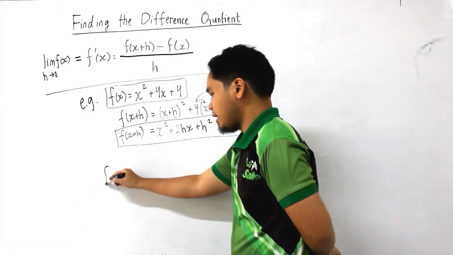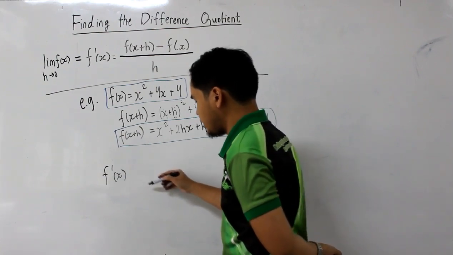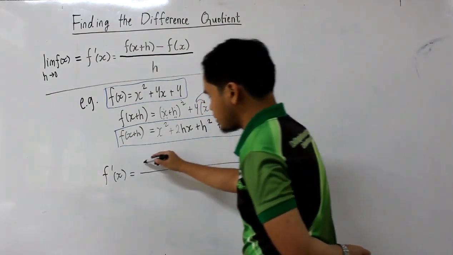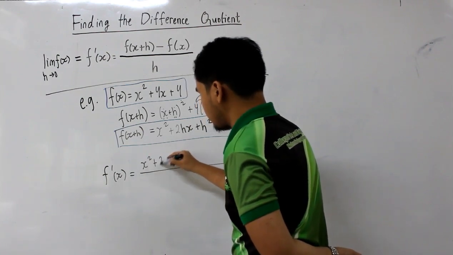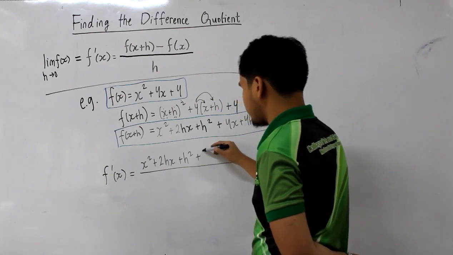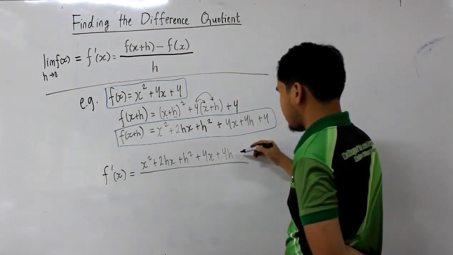It has f prime of x equal to this long function here. So we have x squared plus 2xh plus h squared plus 4x plus 4h, plus 4.